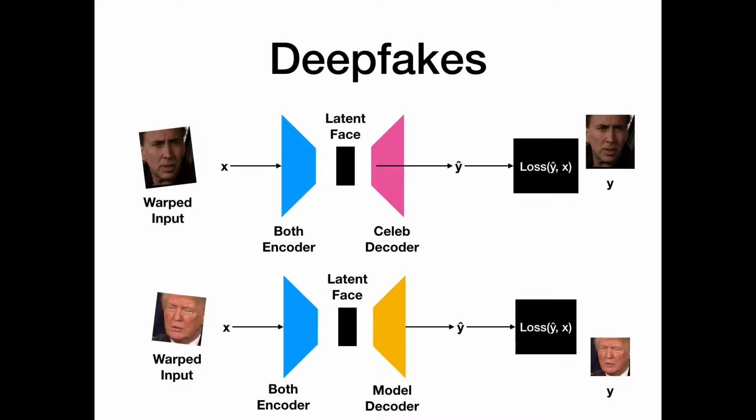Then what we do is we are going to use autoencoding to try and solve this. So we're going to have an encoder that works with a celebrity decoder. So the encoder is an encoder that we're sharing among the celebrity and the model faces.